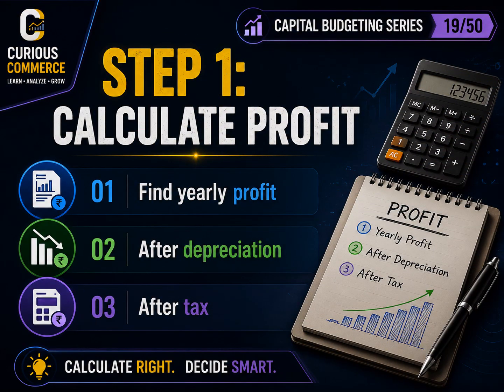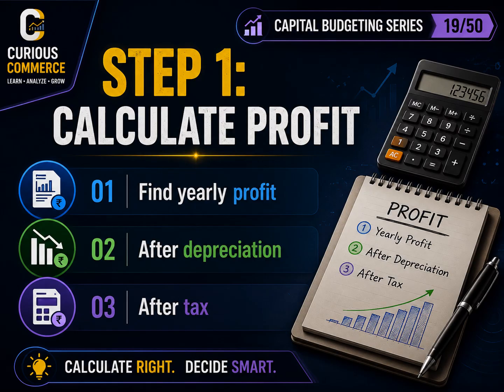The first step is calculate yearly profit, and remember profit must be after depreciation and tax. Let us understand why. Depreciation is an accounting expense. Even though cash may not go out, accounting profit reduces. So, ARR considers depreciation. Similarly, tax also reduces actual accounting profit.